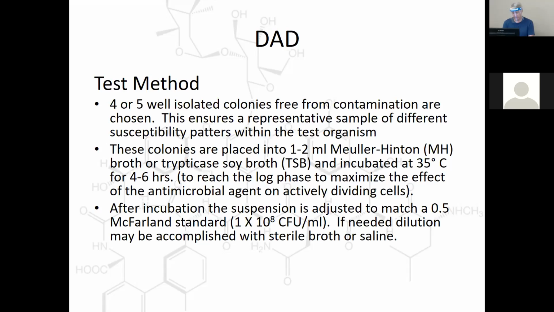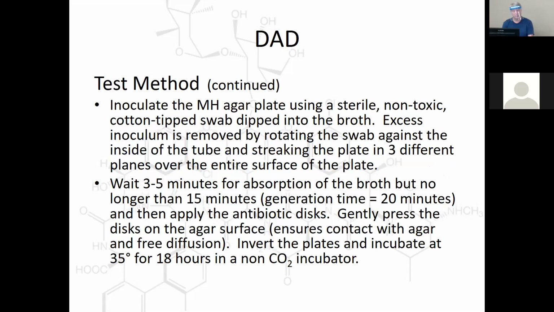After incubation, the suspension is adjusted to match a 0.5 McFarland, which is 1 to 10 colony forming units per mL, and you may have to dilute it. So we're going to kind of skip that step because we're not going to measure these. I think we can make that dilution. I think I've got the stuff. So I think we can do this.